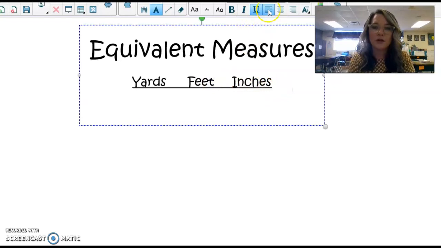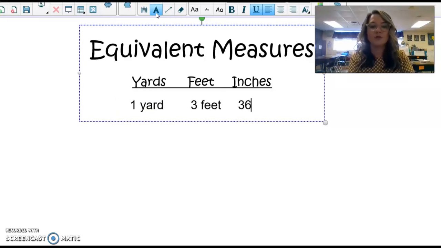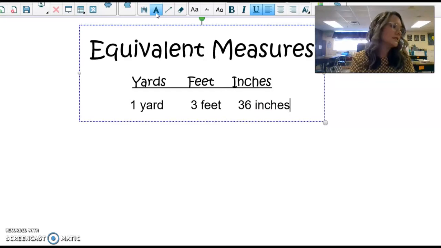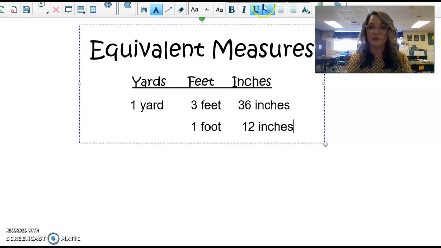So 1 yard is equal to 3 feet, and that's equal to 36 inches, okay? And so also taking note that 1 foot is equal to 12 inches, okay?